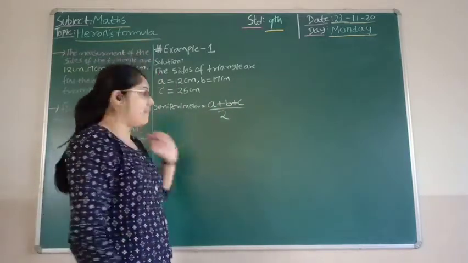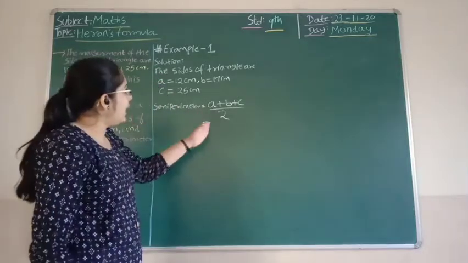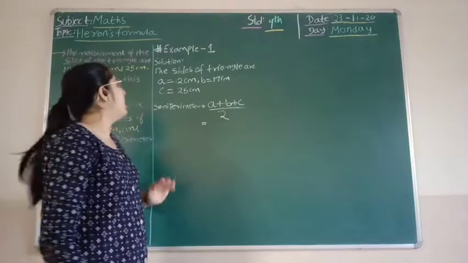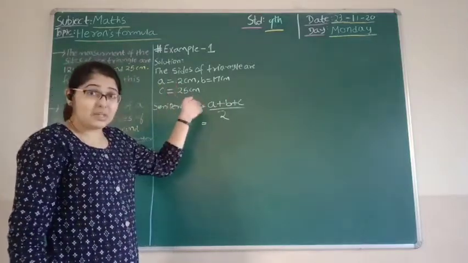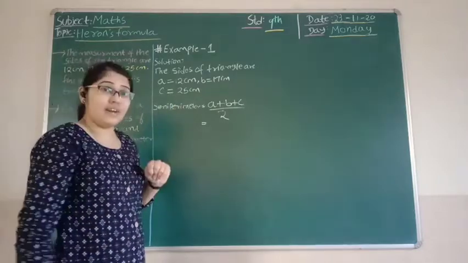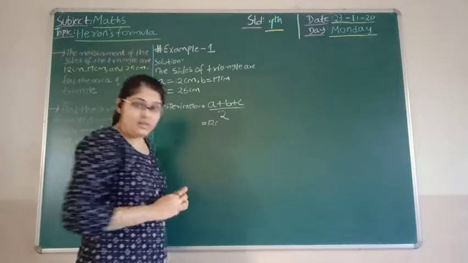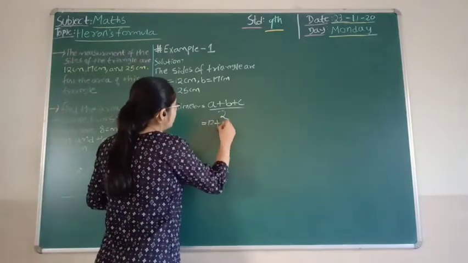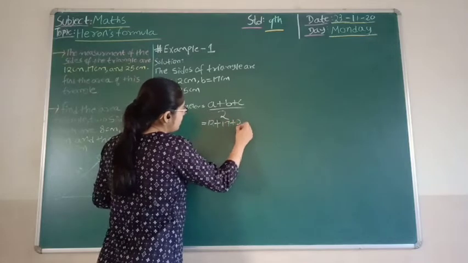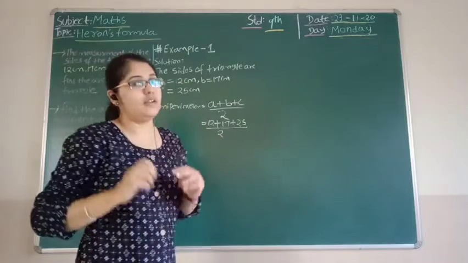As a, b and c are 12 centimeter, 17 centimeter and 25 centimeter, I am writing 12 plus 17 plus 25, and this whole is divided by 2.